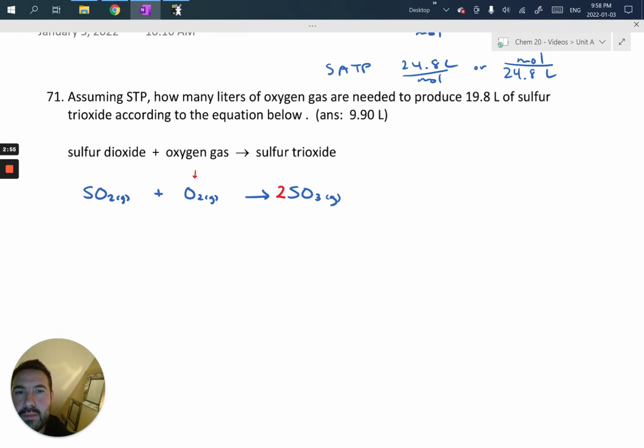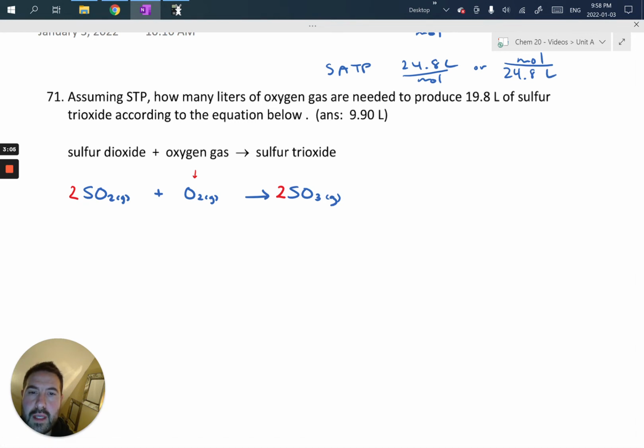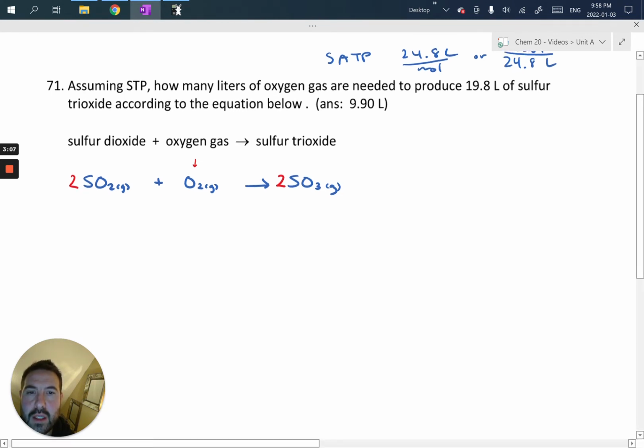And now my sulfurs are messed up, so I need 2 sulfurs over here. Now I have 2 sulfurs, 2 sulfurs. I have 6 oxygens on my product side, and I have 4 plus 2 more on my reactant side. I'm good.